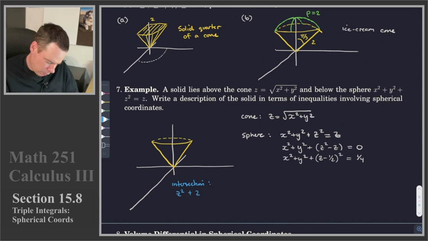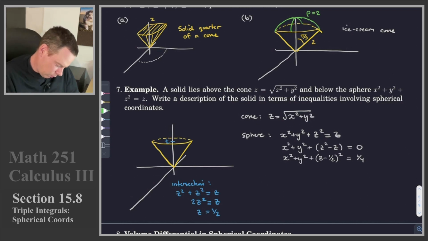So I get z squared plus z squared is equal to z, or 2z squared is equal to z, or z is equal to 1/2. So they intersect at a height of z equals 1/2, and that's going to be the center of the sphere because it got moved up to z equals 1/2.